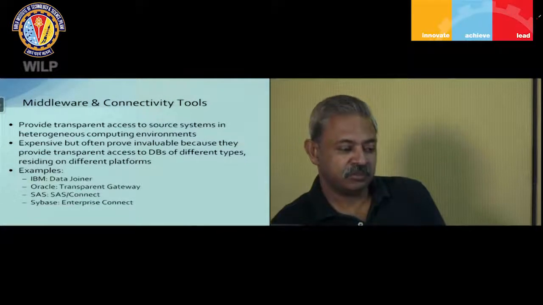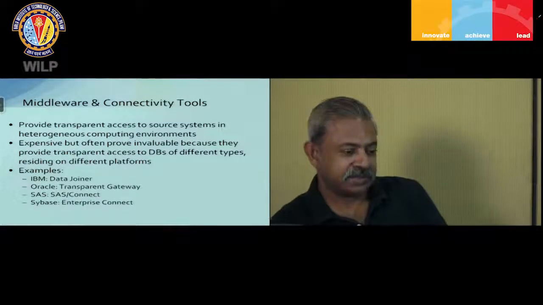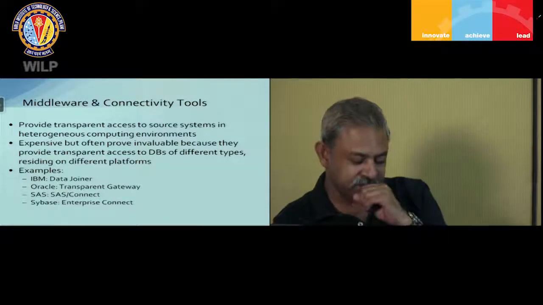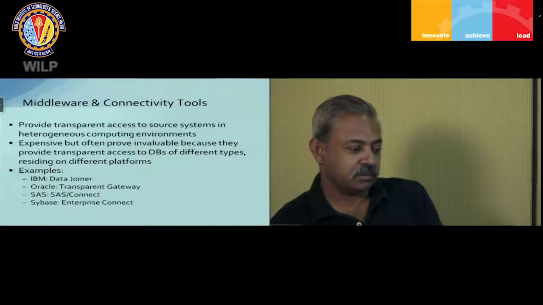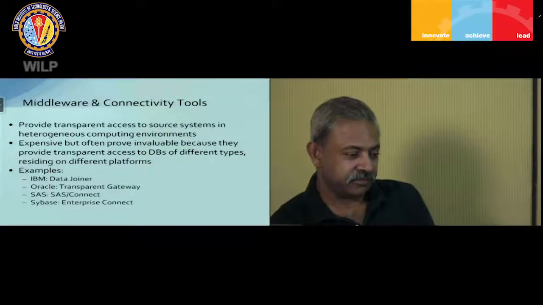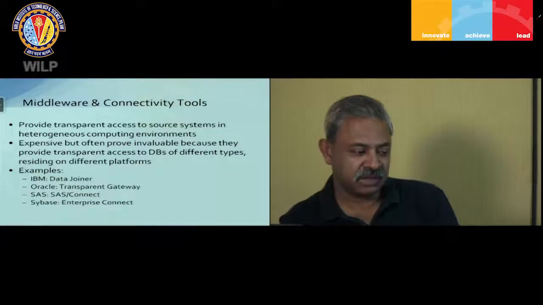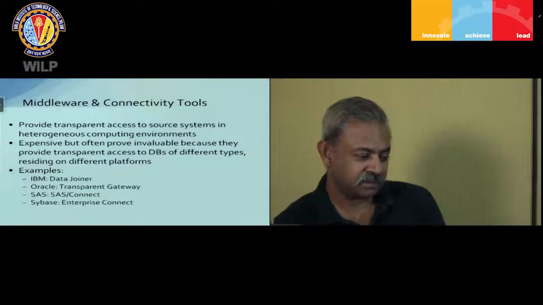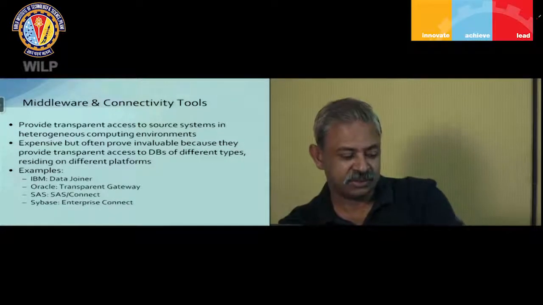They are expensive but often prove invaluable because they provide transparent access to databases of different types residing on different platforms. So these tools are expensive, but they are worth it because they provide a very seamless interface with different types of databases. And you have examples like Data Joiner from IBM, Transparent Gateway from Oracle, and SAS has something called SAS Connect, and Sybase has something called Enterprise Connect.